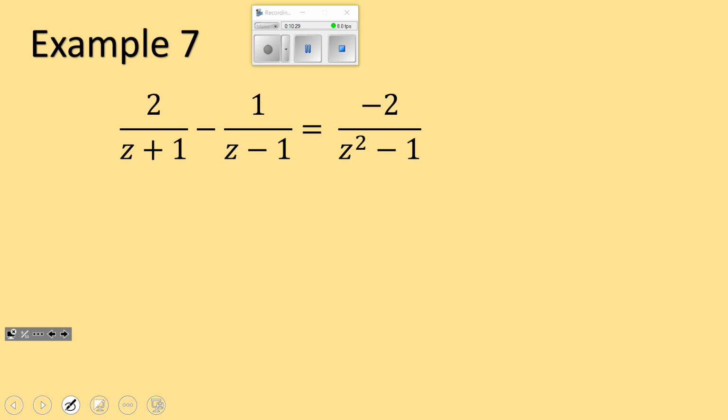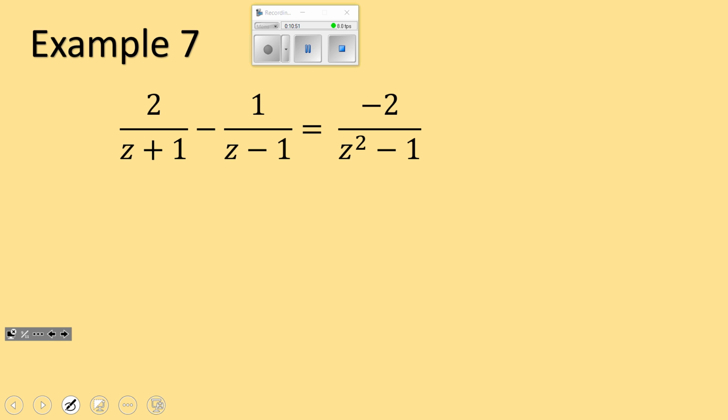Okay. Really quickly, two things should be happening before you multiply by a common denominator. What two things should be happening? You need to factor this. What kind of factoring? Difference of two squares. Okay, z plus 1 times quantity of z minus 1. And then, what else? The subtraction. Yeah, you got to fix the subtraction.